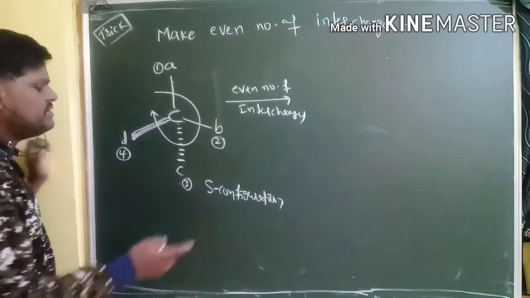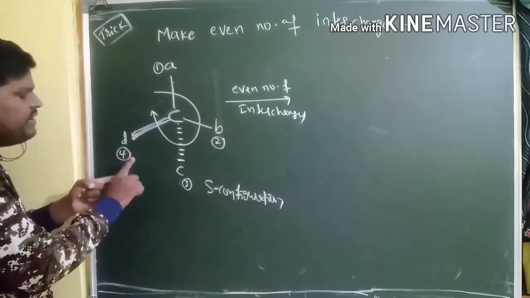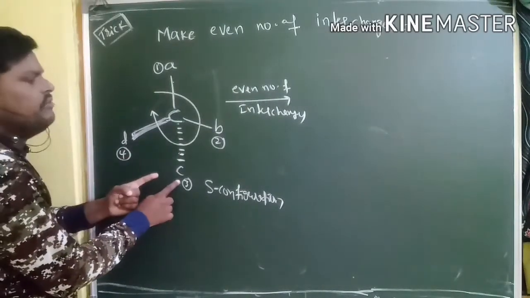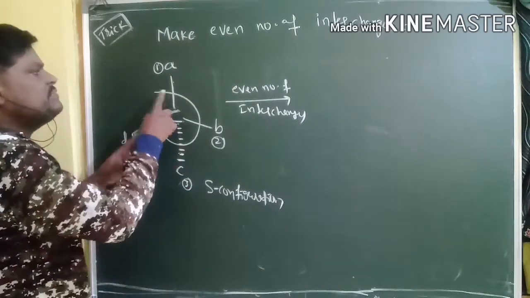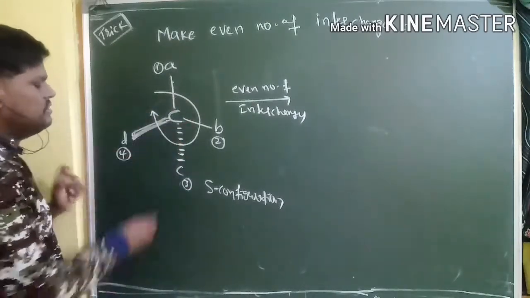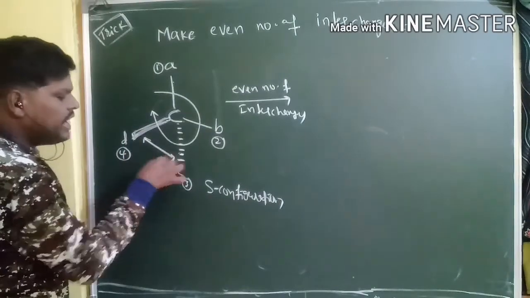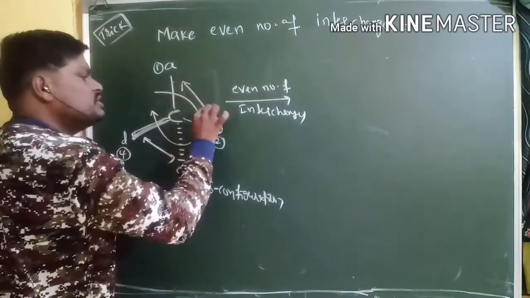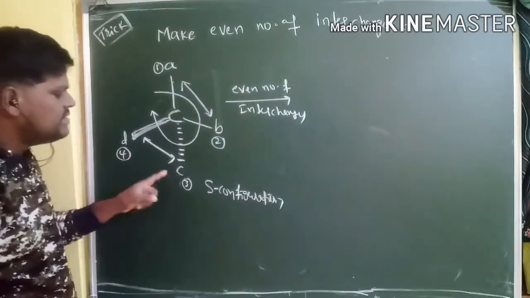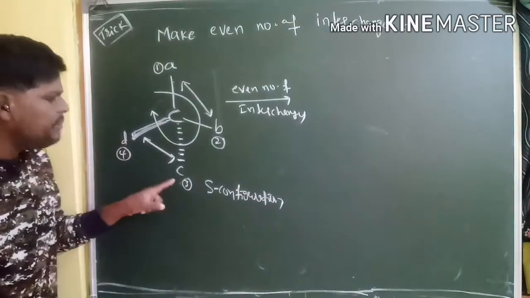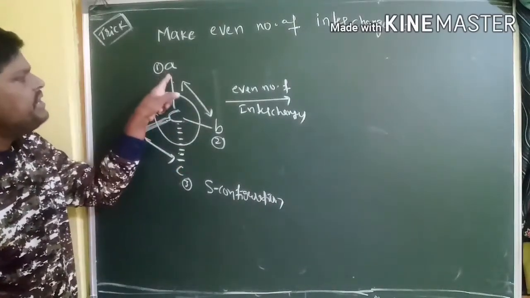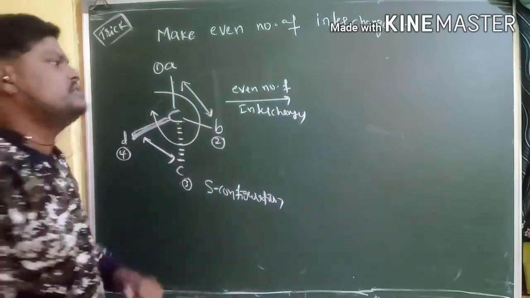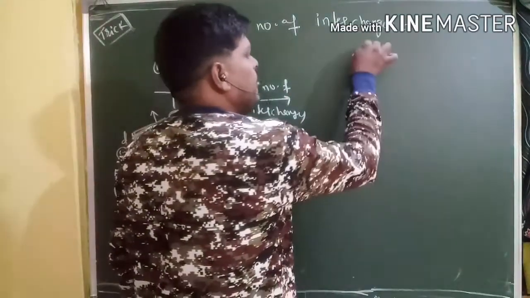It means the interchange between the wedge line and the broken wedge, and at the same time the interchange between the two solid lines. So interchanges between these two lines and interchanges between these two lines, right? So in this case, C will appear here, D will appear here, B will appear here, and A will appear here. So write the step for this one.